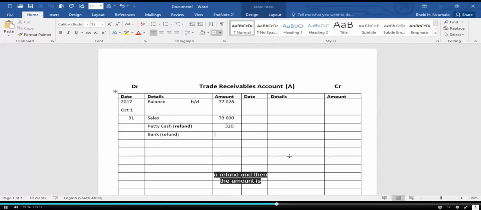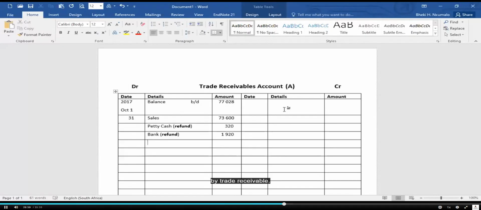We refunded the debtors, because in business you can have a number of clients, a number of debtors, but in this case we use petty cash 320. We use cash EFT. We are no longer dealing with checks. There is an outflow of cash of 1,920, but we need to state it's a refund, because if you put it on the credit side, when you complete your double entry system, your bank account will be debited by trade receivable.